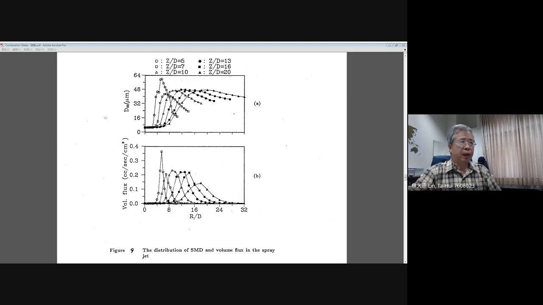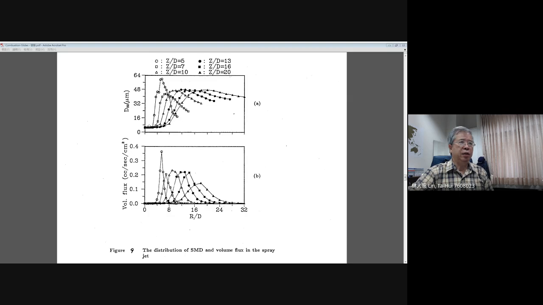Okay. Now, the Sauter diameter distribution: you can see along the radial distance for different cross sections along the axial coordinate. As I explained earlier, in the closer region to the injector, the thickness of your spray cone is smaller, the spray distribution is more dense, and the droplets have a strong axial momentum, and the droplet size should be large.